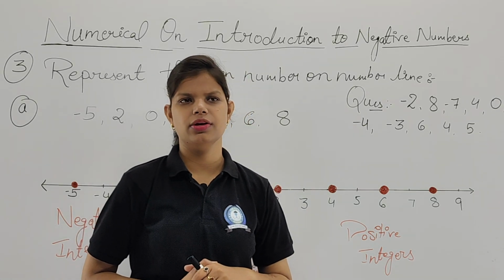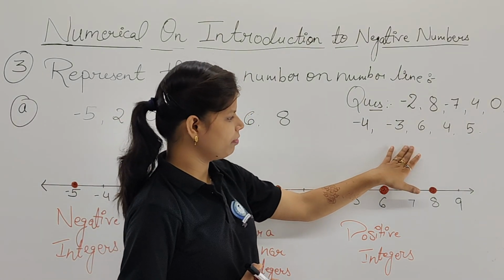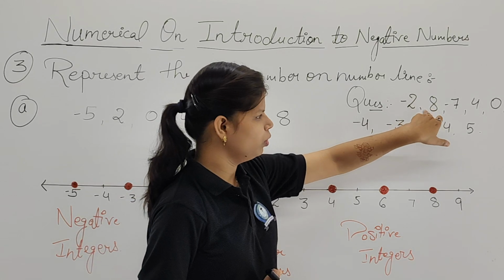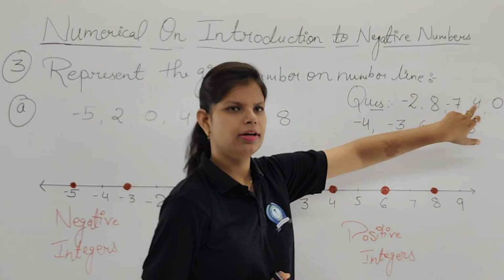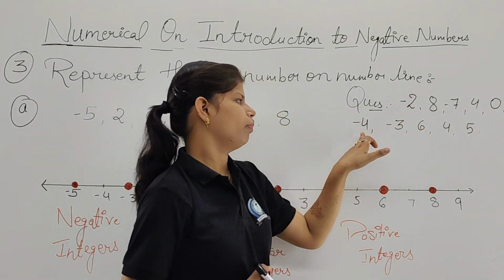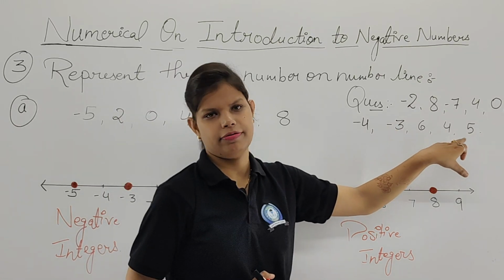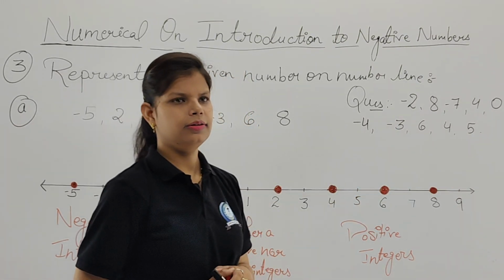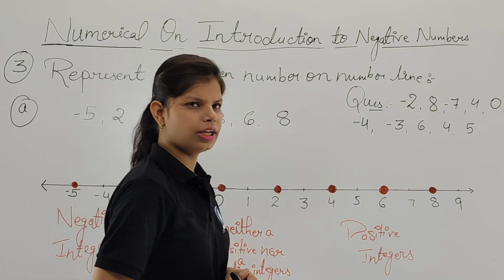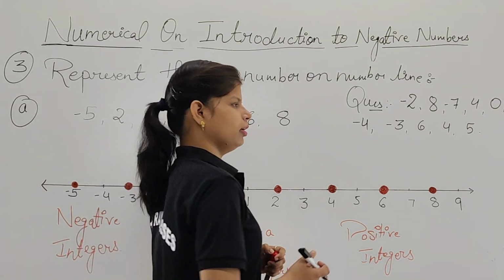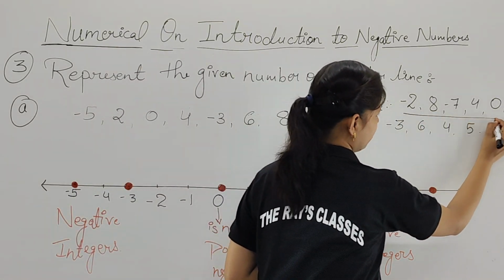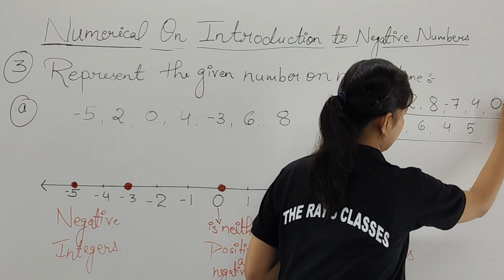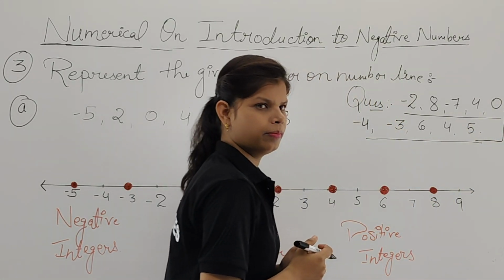How many points have I given to represent on the number line? 1, 2, minus 2, 8, minus 7, 4, then 0, minus 4, minus 3, 6, 4 and 5. Clear? Understood, children? You have to represent the same on the number line. This question you have to solve.